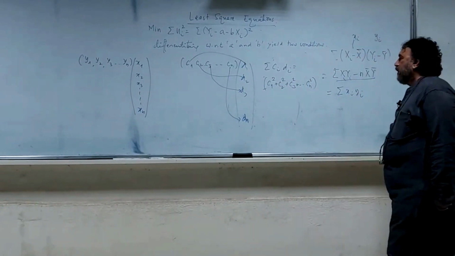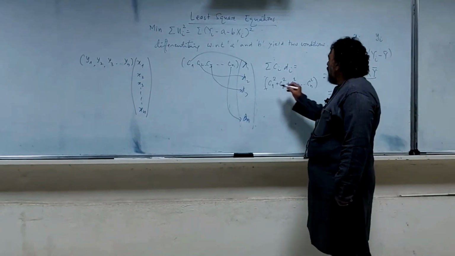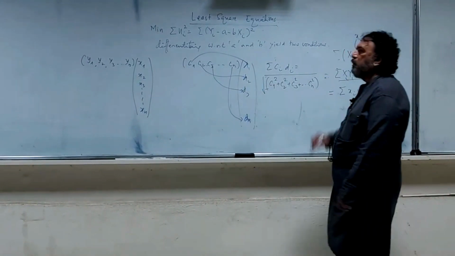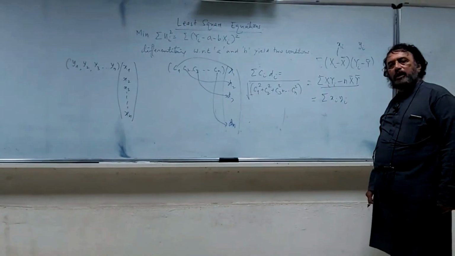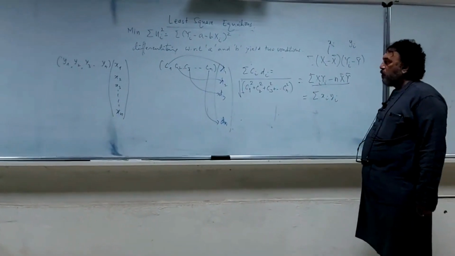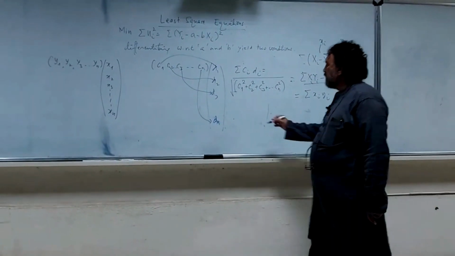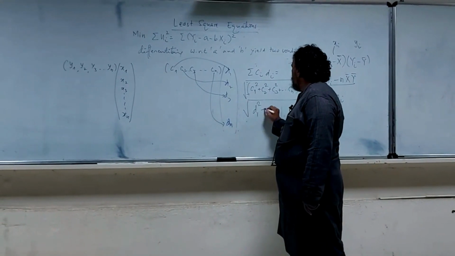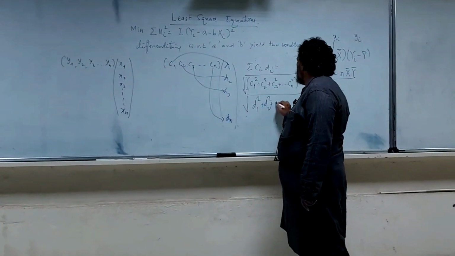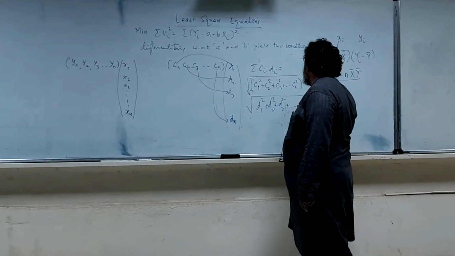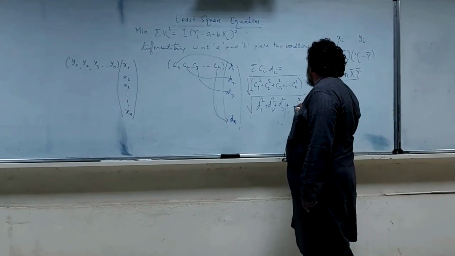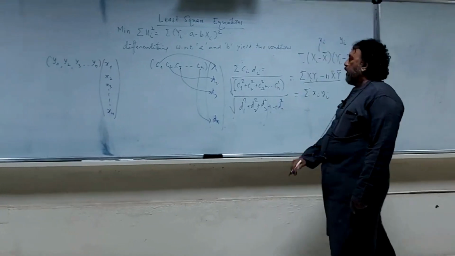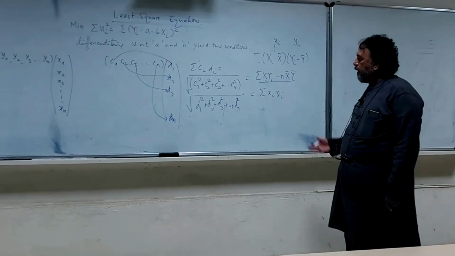Take all these, sum and take the root. That's the length or the norm of vector C. In a similar manner we can write d1 square plus d2 square plus d3 square and so on to dn square, the length of vector D.